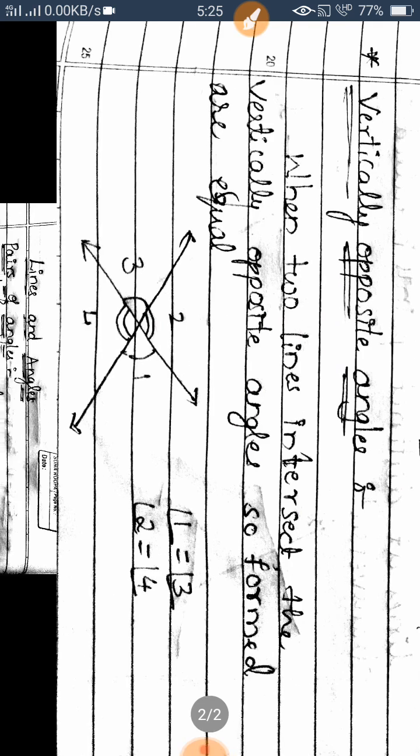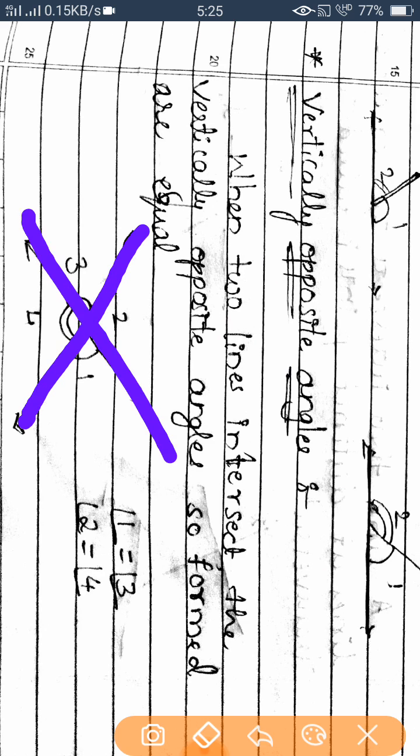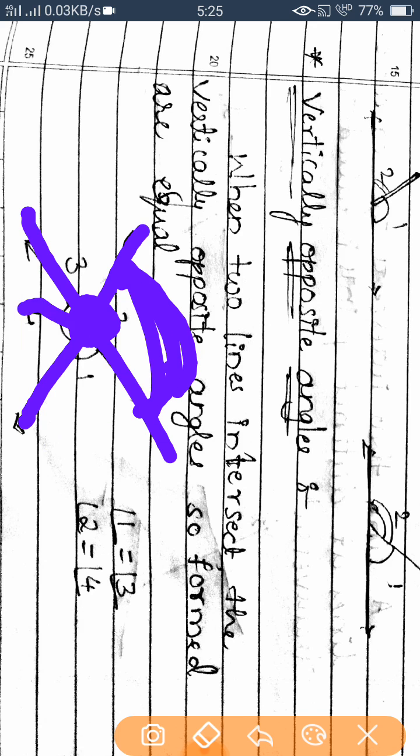The definition: when two lines intersect, the vertically opposite angles, here one is opposite, not this one. Keep it in mind. If you have taken this angle, then only the vertically opposite one we have to take. Opposite angles so formed are equal. If it is 30, this is also 30. If it is 60, this is also 60.